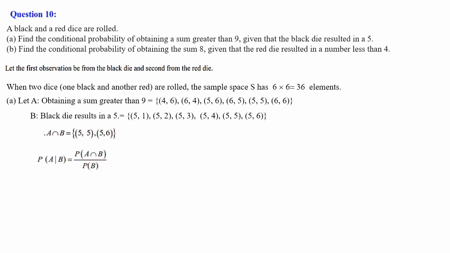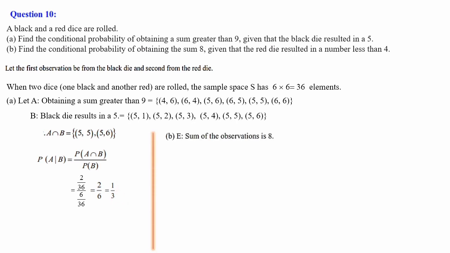P of B is having 1, 2, 3, 4, 5, 6 elements. So 6 divided by total number of elements 36. So let's substitute 2 by 36 by 6 by 36. Here 36 can be cancelled. 2 by 6 will be coming. Again 2 is common. When we cancel we will get 1 by 3. So that is the answer for the first question.